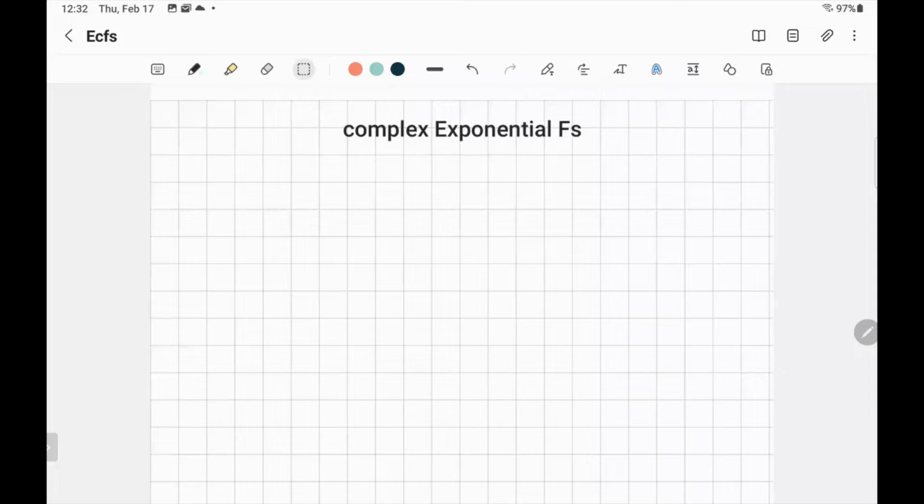We'll say that the signal x of t, a continuous-time signal, will be equal to the sum from k equals negative infinity to positive infinity of c_k, the coefficient of the complex exponential Fourier series, times e to the power of j k omega naught t.